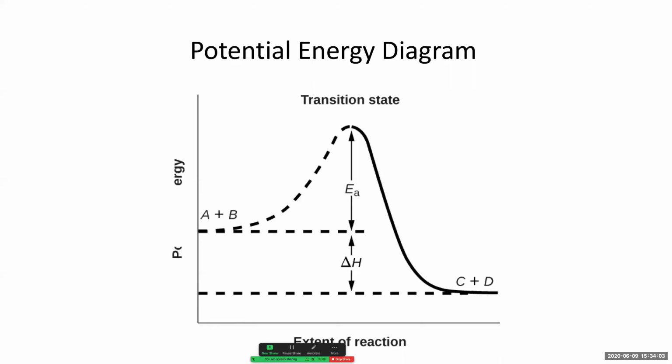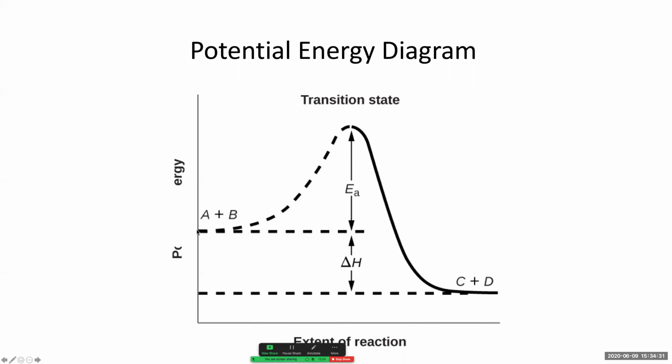And if you remember back when you studied enthalpy in Chem 2A, the potential energy of the reactants relative to the products determines whether the reaction is exothermic or endothermic.